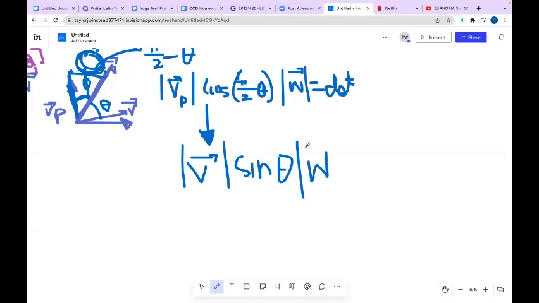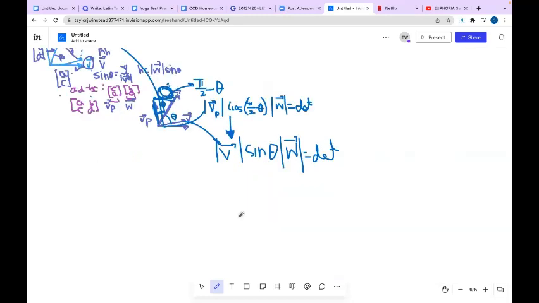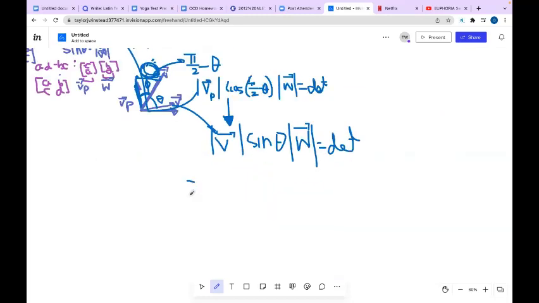Times length W equals determinant. Now this should look familiar, because what did we prove earlier? We proved that the area is also equal to this. So what does that mean? The determinant is equal to the area of the parallelogram in question.